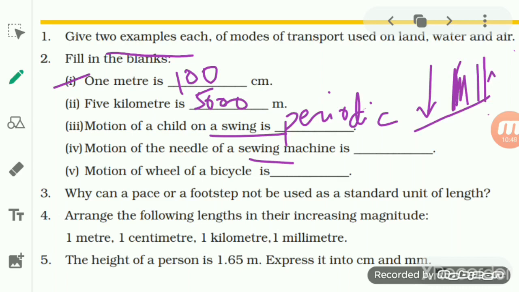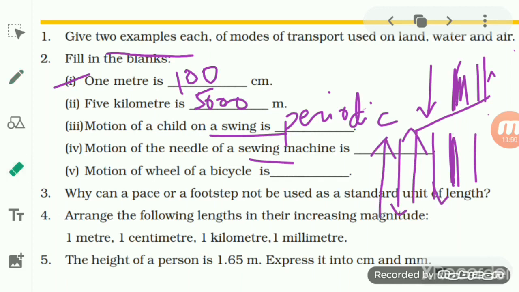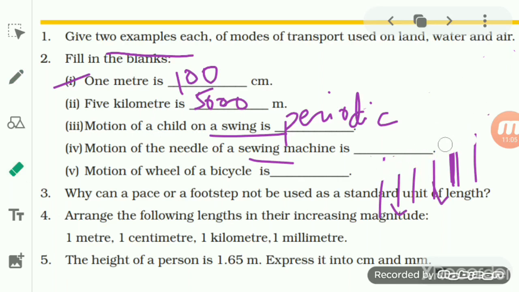That kind of movement is also a to and fro movement, because at first it will go downward, then upward, then again downward, then again upward. So what kind of motion is this? It is also a kind of to and fro motion, or we can say that it repeats itself after a certain interval of time. So that kind of motion is also known as a periodic motion.